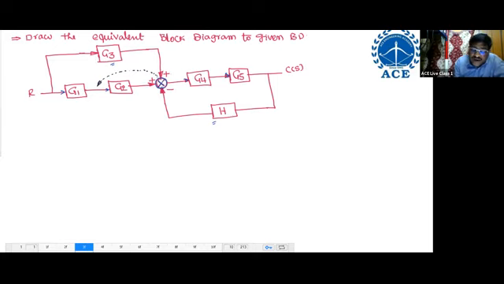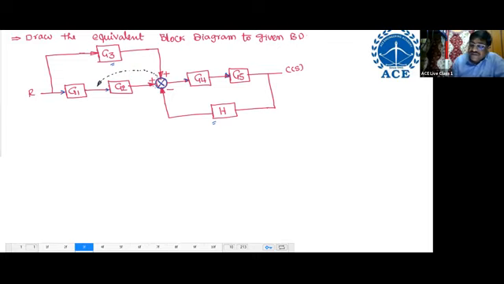To this summing point, G3 is connected, H is connected. That means while doing the shifting operation, the changes occur in additional forward paths and feedback paths only. Never change any block gain along the main forward path, the path along which the shifting operation is performed.